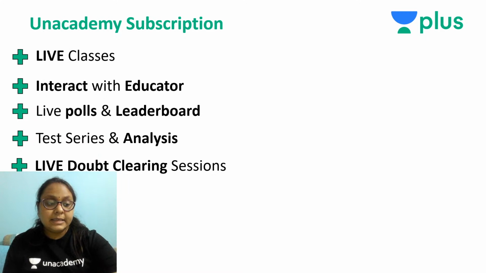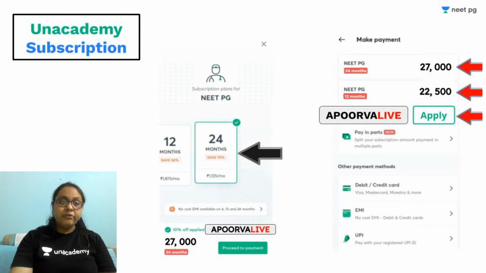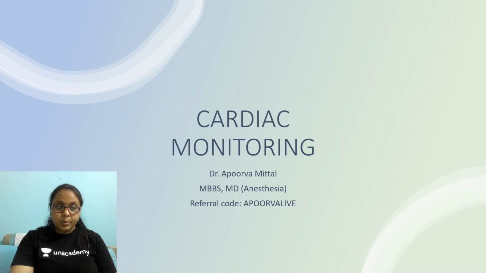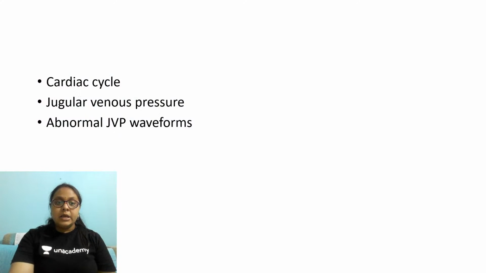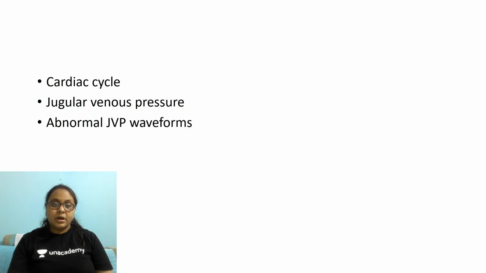So friends, let's start today's topic of cardiac monitoring part 1. Today, as I discussed before, we'll be just seeing the cardiac cycle, then the jugular venous pressure and also the abnormal JVP waveforms.